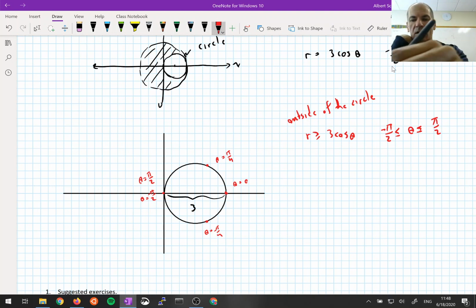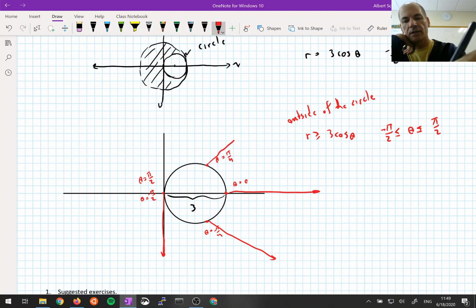What does that mean, r greater than 3 cosine theta? Well, when you're sitting here and you want r to be bigger than the distance represented by 3 cosine theta, you're talking about everything along this ray greater than. And when you're here, you're talking about everything along this ray, and here, everything along this ray, and this ray, and this ray.